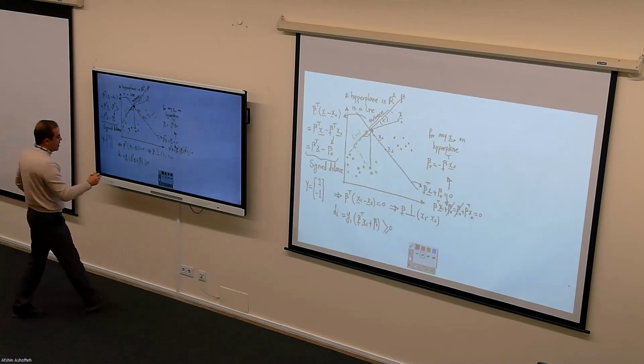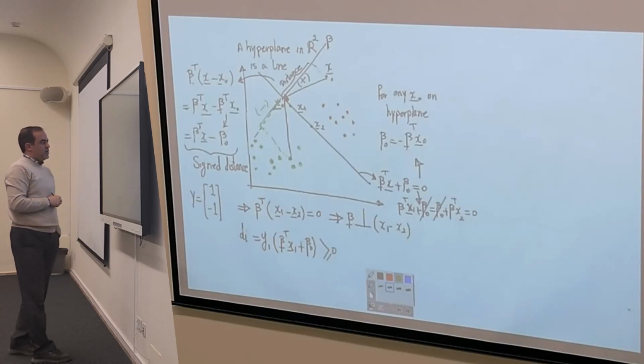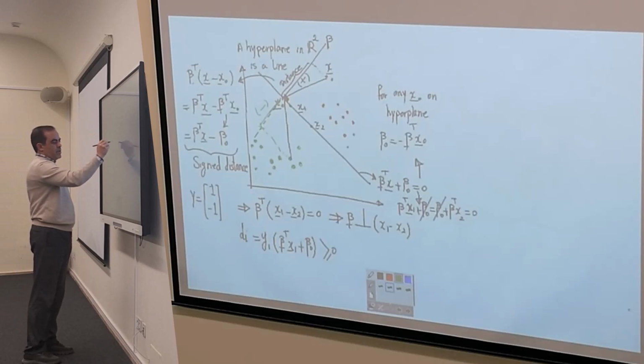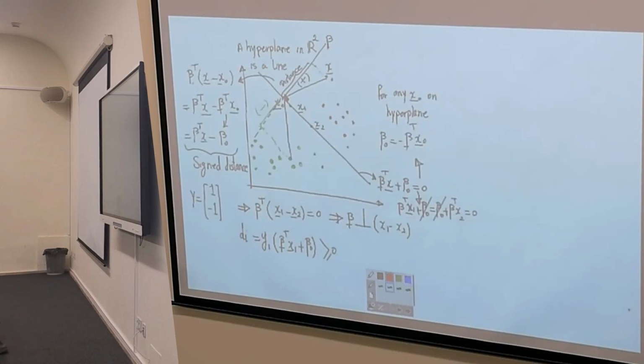points. So if I consider that, for example, one green dot is here, and some of the reds are considered as on the other side of this hyperplane.